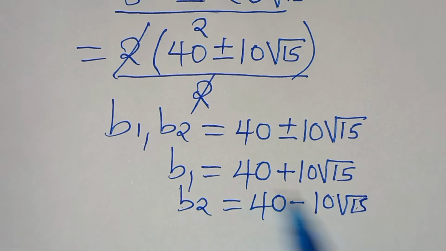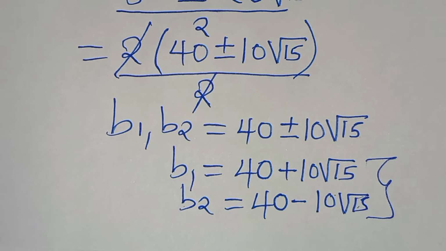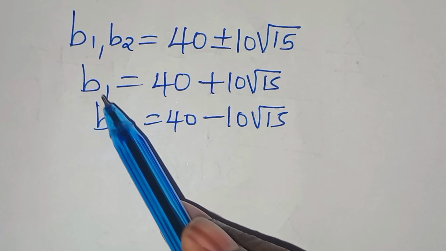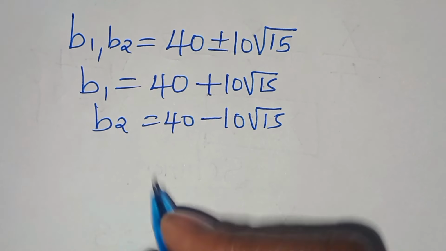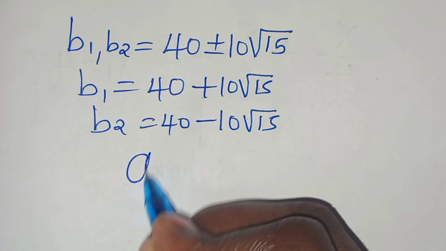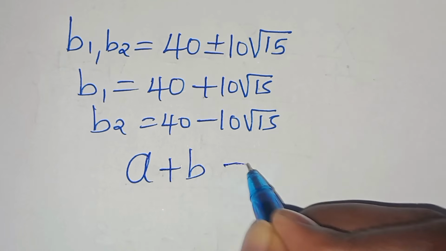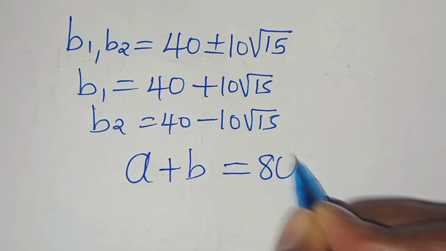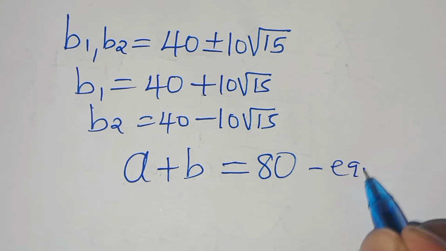So let's solve for the corresponding values of a. Now since you have b1 and b2, let's solve for a. Remember that a plus b, this is equal to 80 from equation 3.